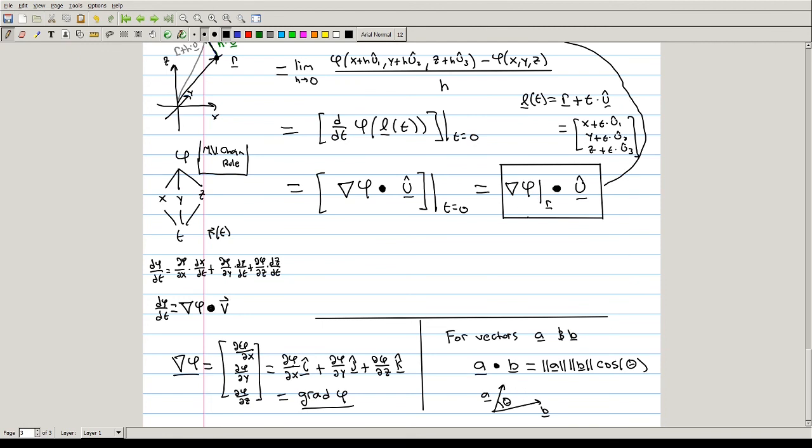But you'll remember that if you take a unit vector and you do A dot B hat, that is the projection of A in the direction of B. A dot B hat. Or this distance right here.